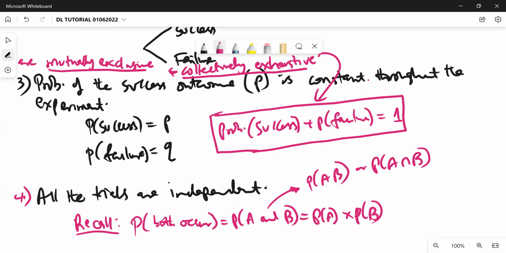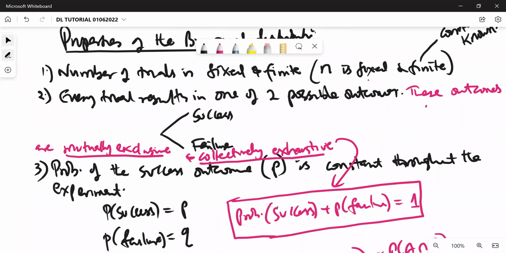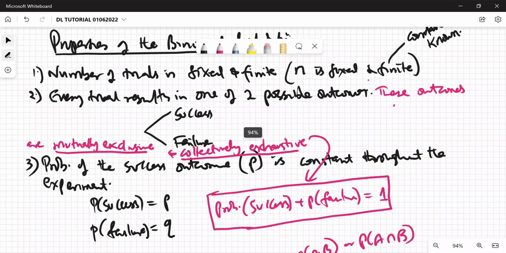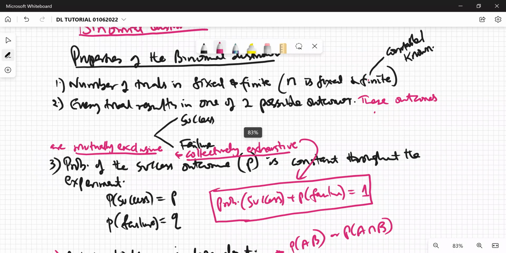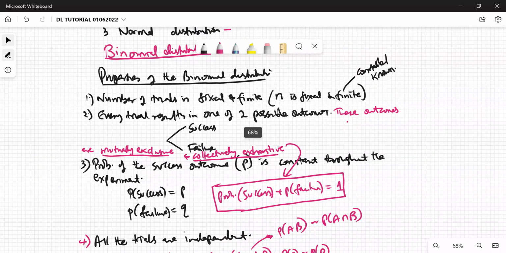But the idea is the probability of both occurring is given by the product of the individual probabilities. So those 4 are the conditions that must be satisfied for any given scenario to qualify to be modeled using the binomial distribution.